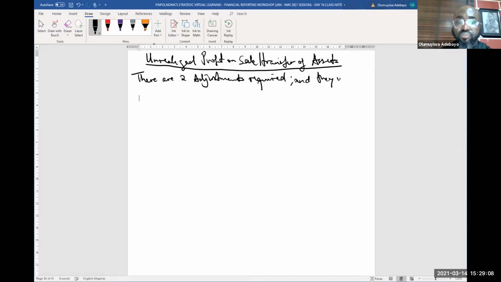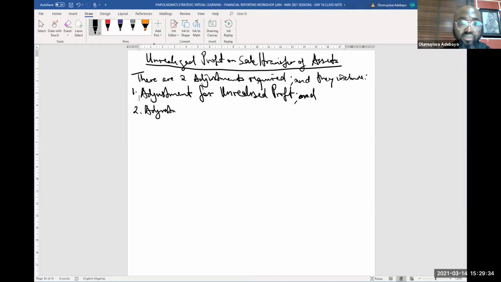And they include: one, adjustment for unrealized profits, and two, adjustments for depreciation if it's PPE, or amortization if it's intangible assets.